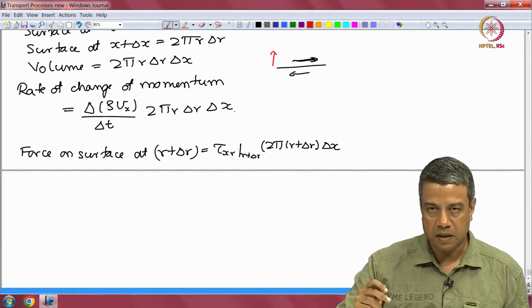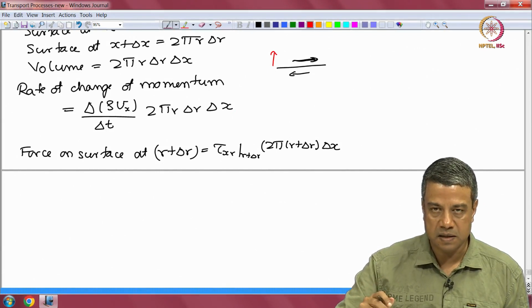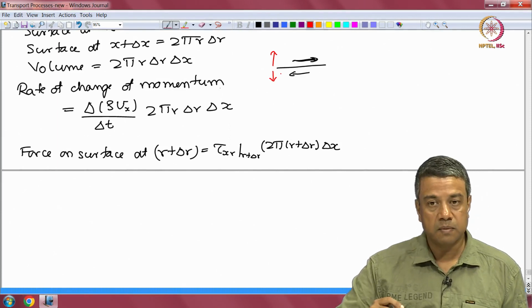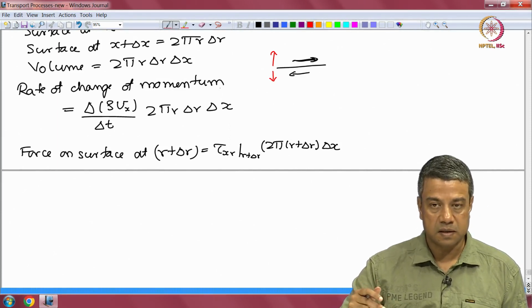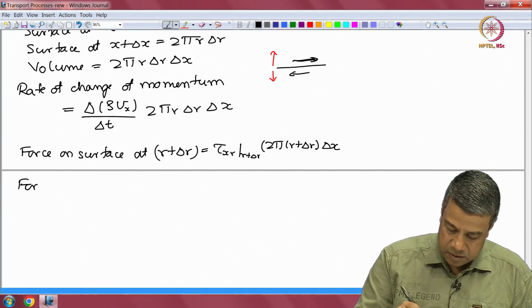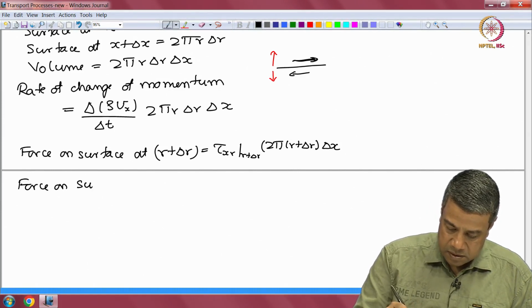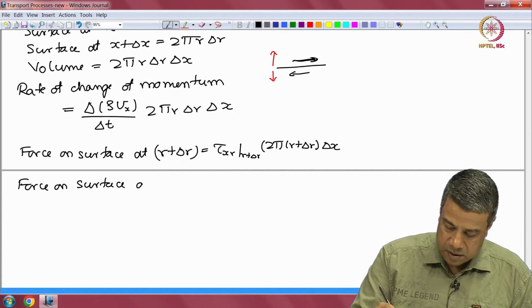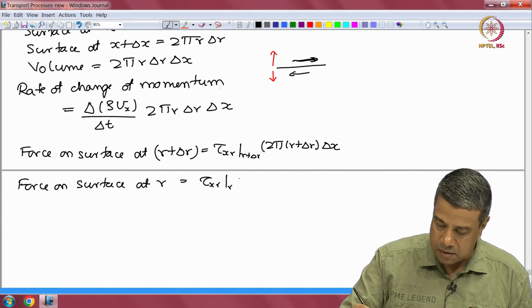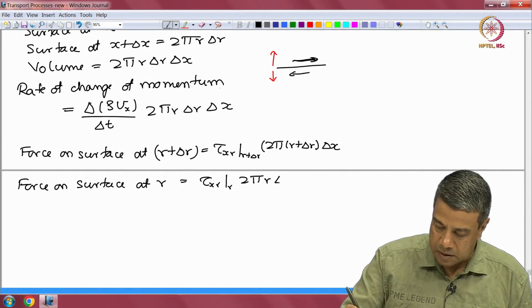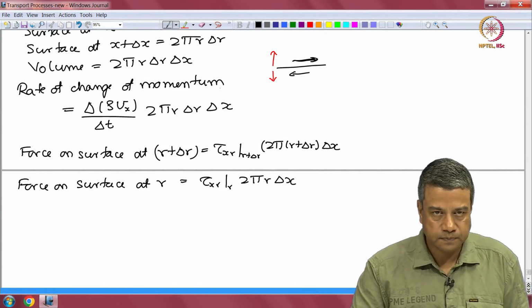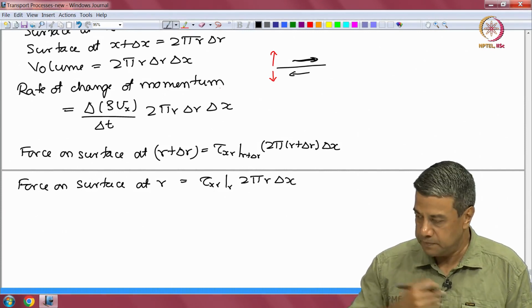So with an outward unit normal in the plus x direction, if you have a force in the plus x direction, for the volume above the unit normal is in the opposite direction. So the force is opposite. So the force on the surface at r is equal to tau xr at r into 2 pi r delta x. So there is a force on the surface at r in the x direction.